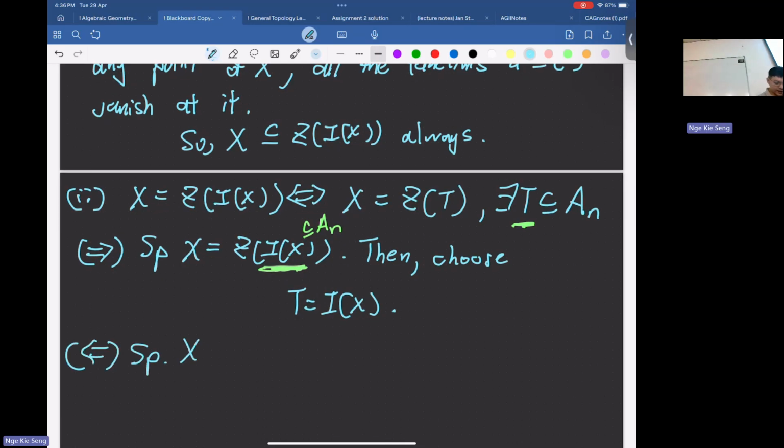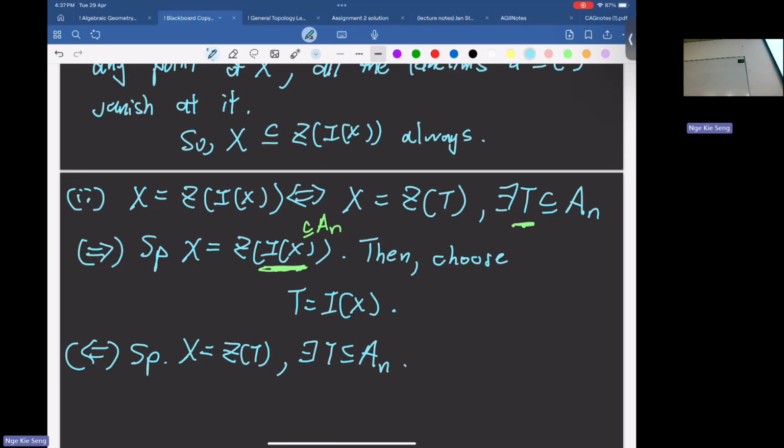So we suppose that X equals Z of T for some T in your polynomial ring. Then how do you relate to Ix? What's the relation between Ix and T here? Other than living in the same space, both vanish at the point X, right?